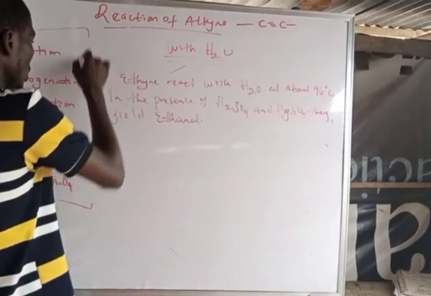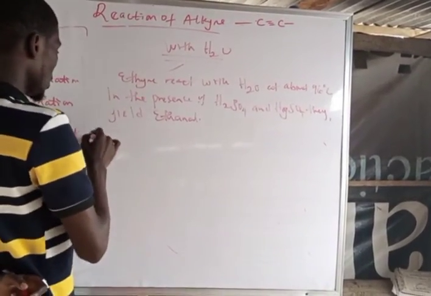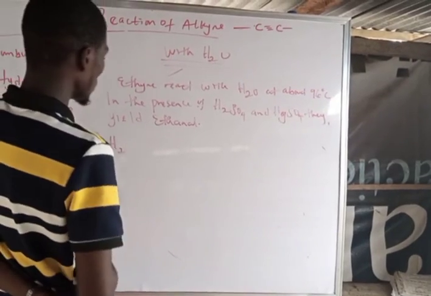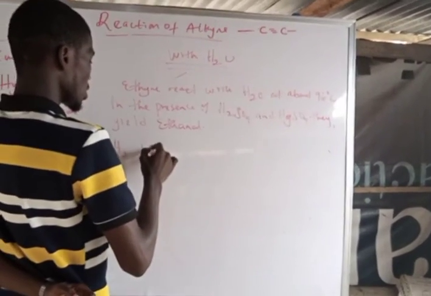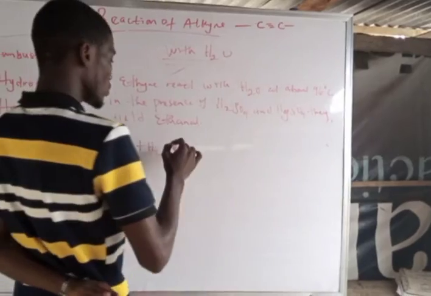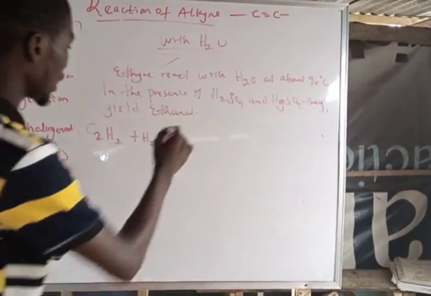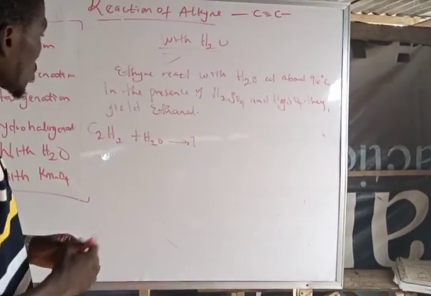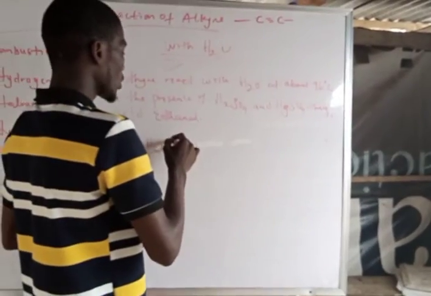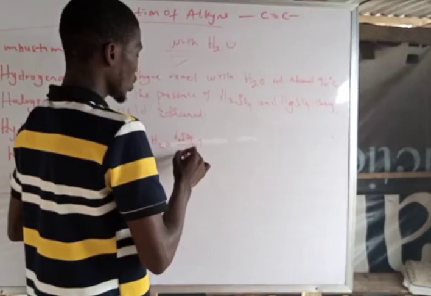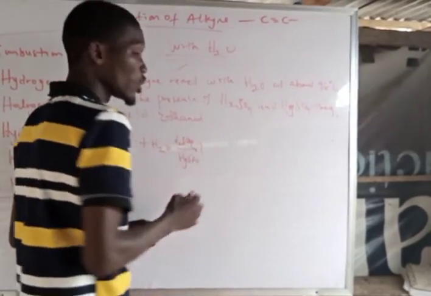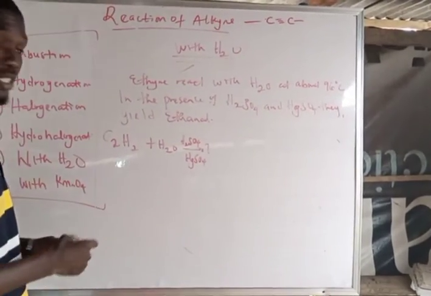So let's show that. So I have C2H2 plus H2O. So now, how does it produce ethanol in the presence of sulfuric acid or mercury sulfate as the catalyst?